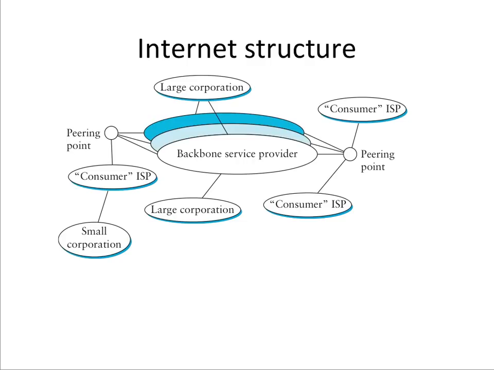These are big ISPs, AT&T, Comcast, etc. We have smaller ISPs. These are called consumer ISPs. Again, we're going to talk about them in detail later. And we have small corporations and large corporations hanging off of these ISPs. For example, University of Houston, we're probably a large corporation if we wanted to map ourselves to the slide.